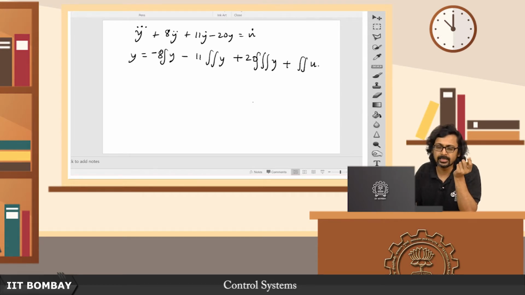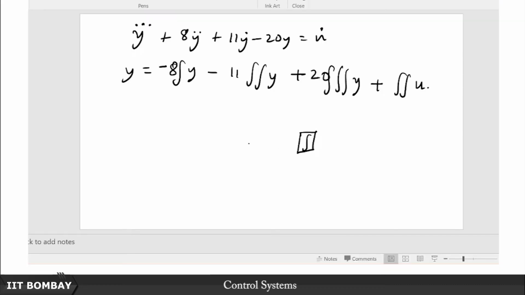So if I now want to realize this through a wiring diagram, as we say, I need maximum 3 integrators. Let me put a bank of 3 integrators here, and put summers next to them. So I put these summers, and this is my y.